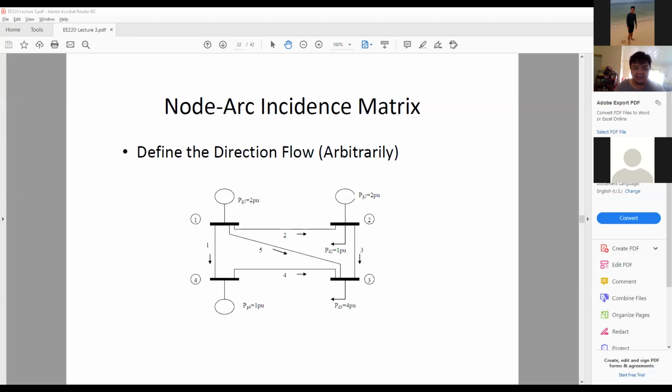Wala daw siya marinig pero siya lang yata hindi nakakarinig. Ayun pa lang, connecting to audio pa lang siya. Ito, naririnig mo na, Jay. Mukhang connected ka na.